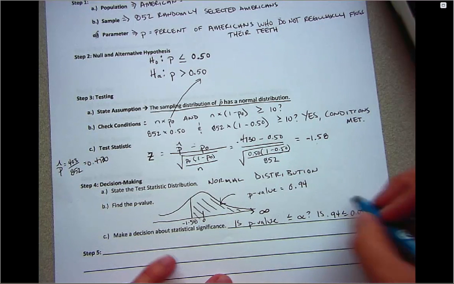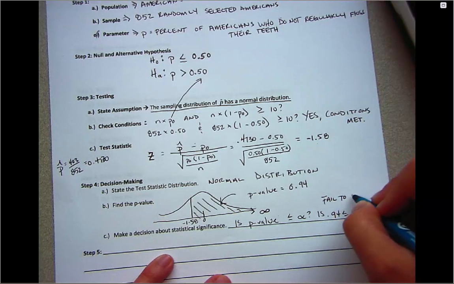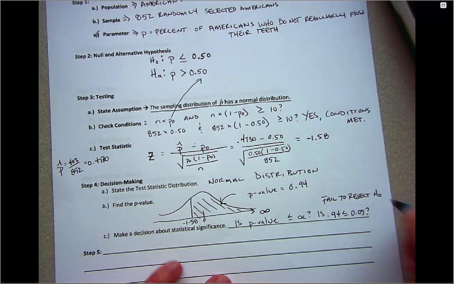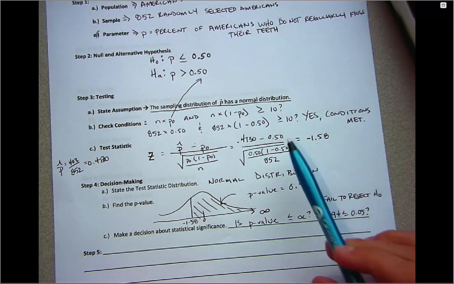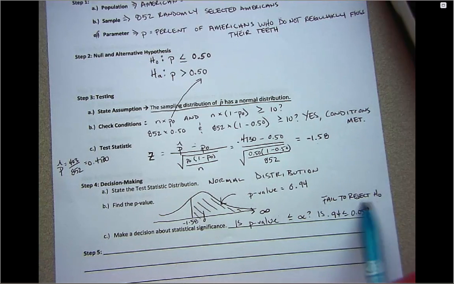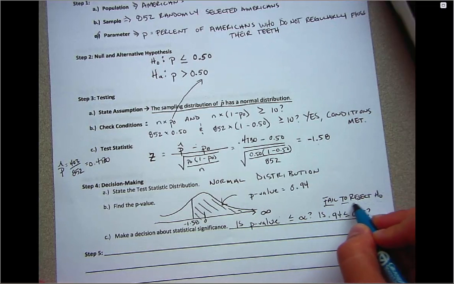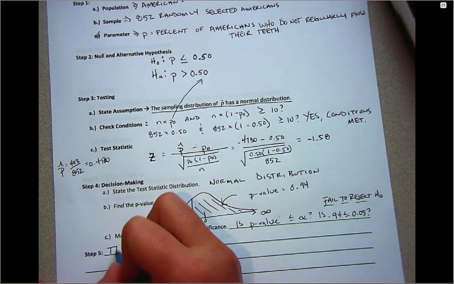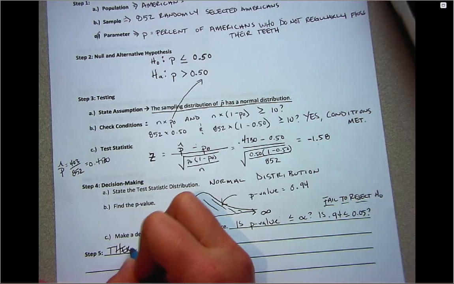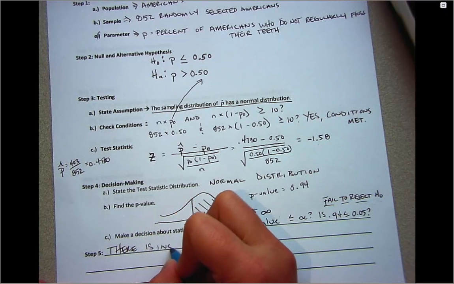However, it appears here that our null value isn't that much different from our sample value, and so because of that, we're going to fail to reject the null, 0.5.